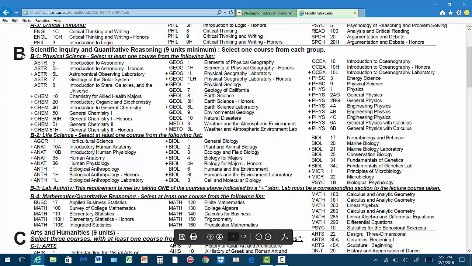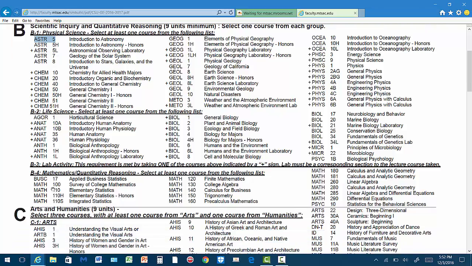Okay, that means one could choose to take Astronomy 5 and 5L to get a lab credit. Notice that classes with a lab are designated by a plus sign. And then in life science, one could choose to take Anthropology 1 without a plus sign, without a lab. Or one can choose Anthropology 1 from B2 and 1L to get a lab credit in that area B2, and then in area B1 one could choose Astronomy 5 without a need for 5L. Remember, 2 classes, 1 with a lab or laboratory.